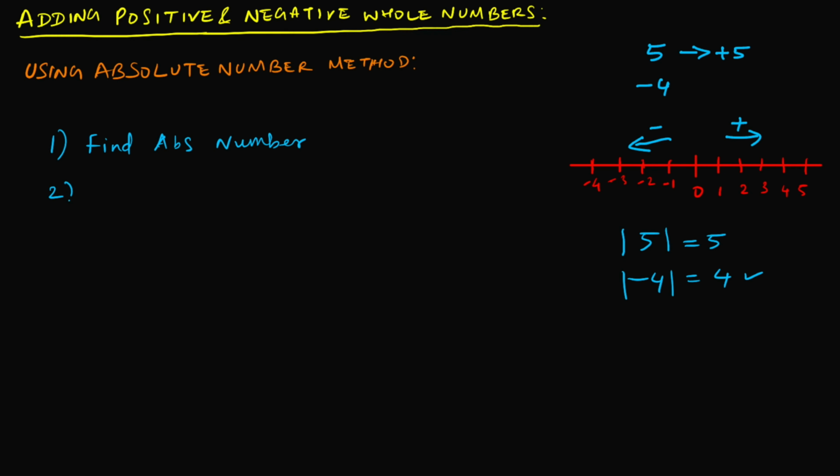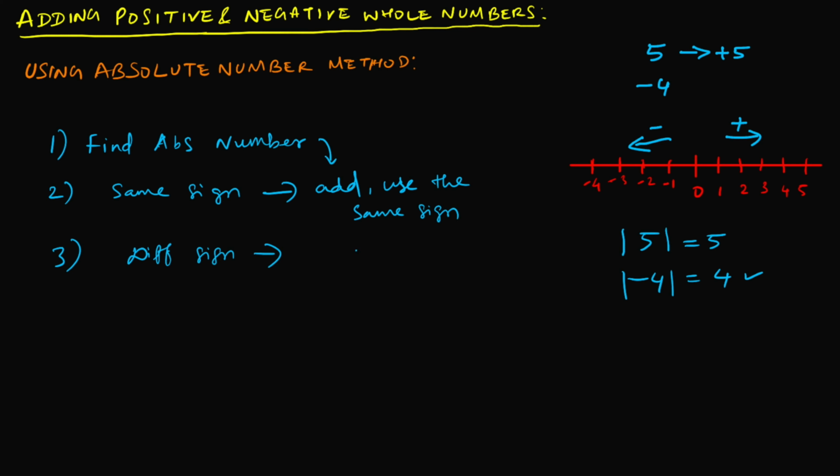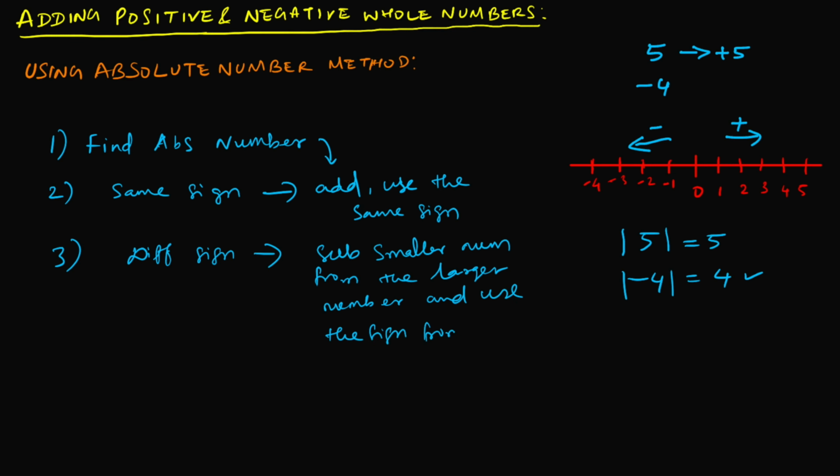Then if the signs of the two numbers that we are trying to add are the same, we just add the absolute numbers and use the same sign. But if the signs are different, then we subtract the smaller number from the larger number, and for the result we use the sign of the larger number.